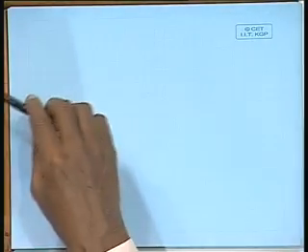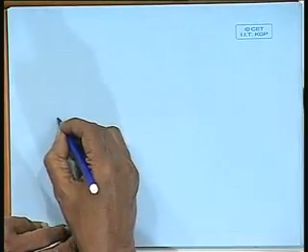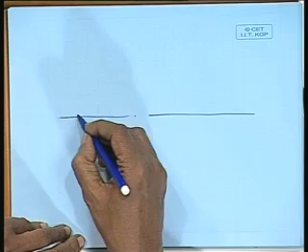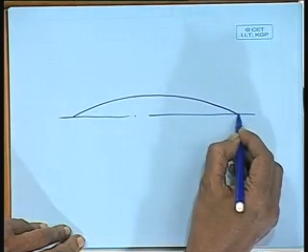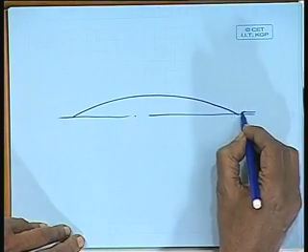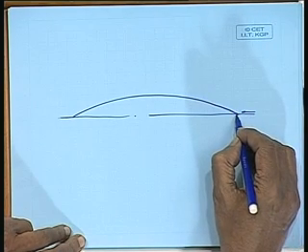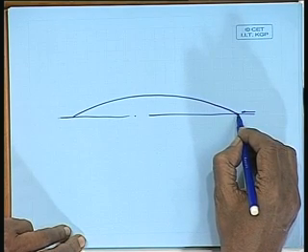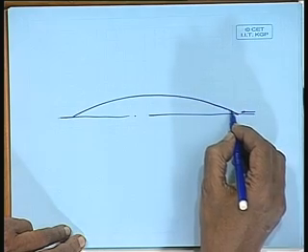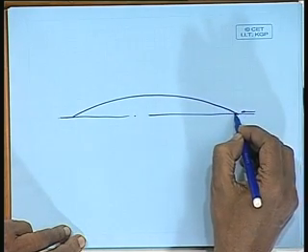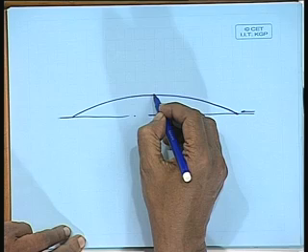Area of the body you are telling, sir? No, not area. See, this is the body. Now, fluid is flowing past here. Let us say, what happens here? Body has started, but the fluid has not gone, this particle, if we trace a particle, it has not gone any more further than this.